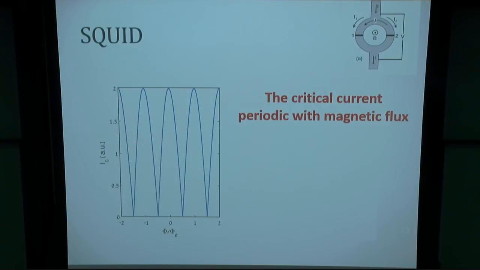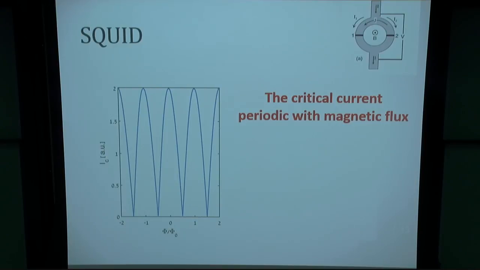And indeed, if you do the calculations and you look at the SQUID, and I plot here the critical current as a function of the magnetic flux, which is of course periodic, the voltage measured in a SQUID depends clearly on the bias current. If the bias current will be somewhere here, then most of it is below the critical current, and we'll see just glitches of voltage here and there.